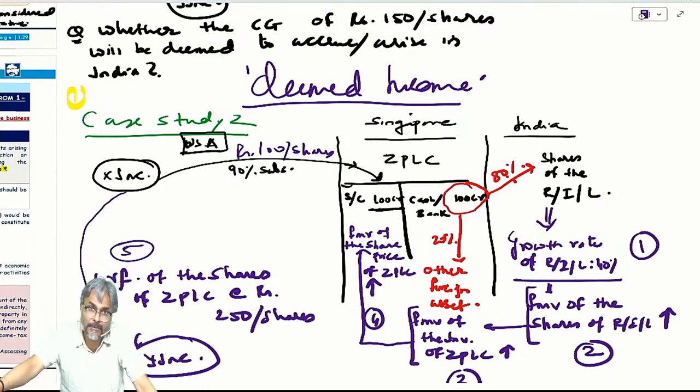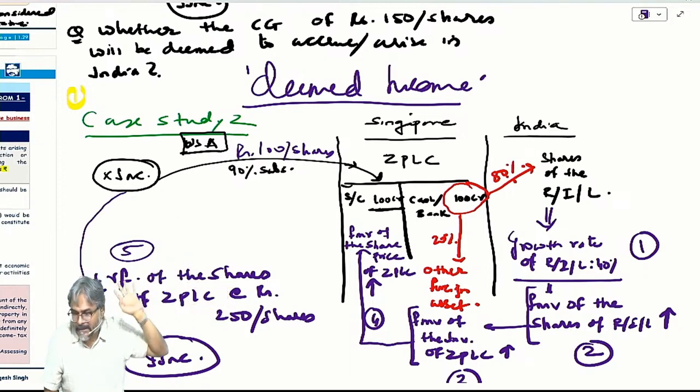Similarly here, the provision is that capital gain arising on transfer of a capital asset situated in India is deemed to accrue or arise in India.